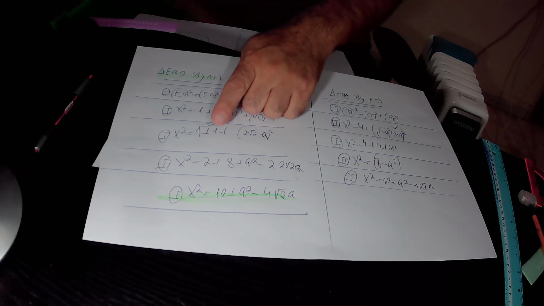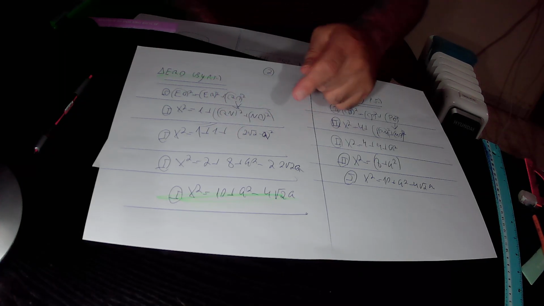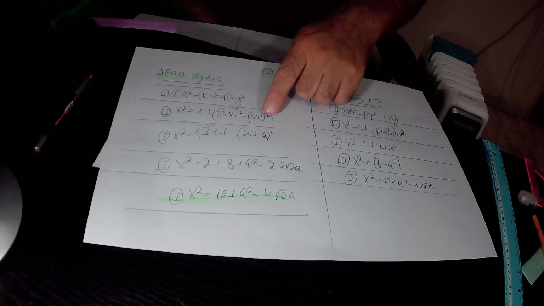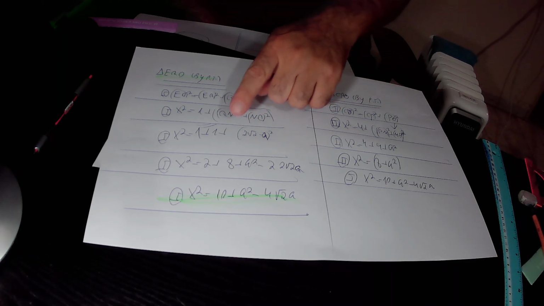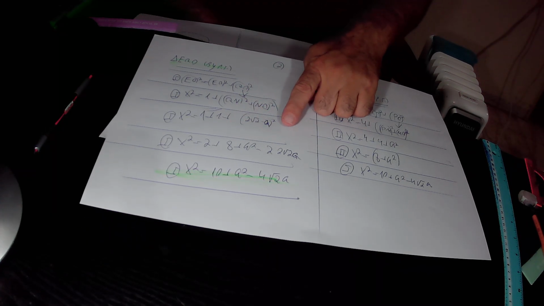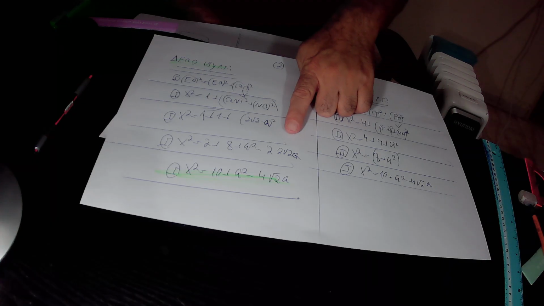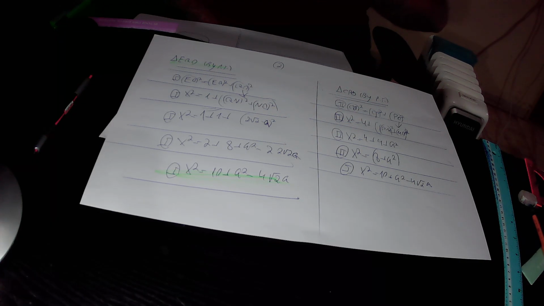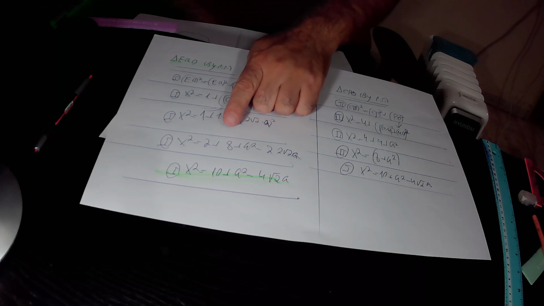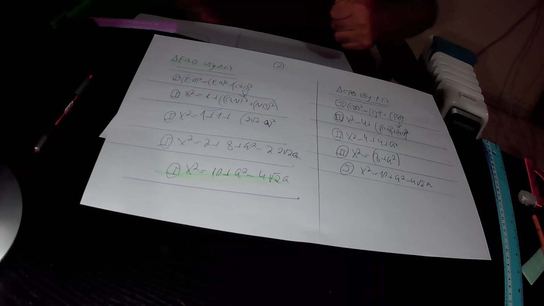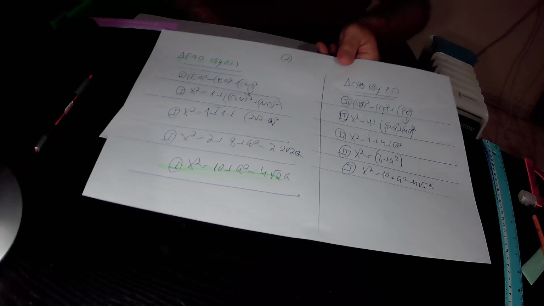So in total x squared equals 1 plus 1 is 2, and here we have 8, so 2 plus 8 is 10, plus a squared, 2 times 2 is 4, so in total this expression equals 4 times square root of 2 times a. So in total, according to equation 1, we found out that x squared equals 10 plus a squared minus 4 times square root of 2 times a units in its length.